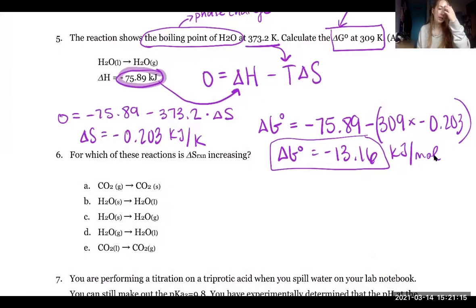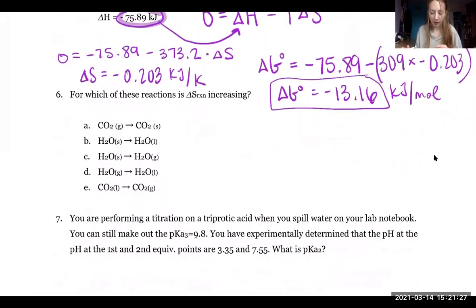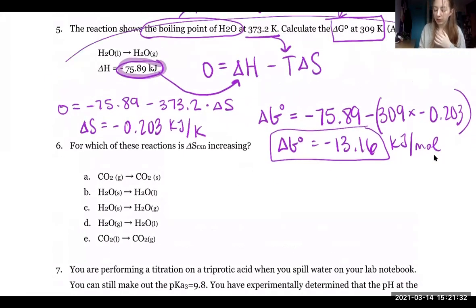Usually for this class, he makes things a little bit easier, at least right now. Later on we'll do a little converting, but for now just use the values you're given. He might ask you to write the answer in your quiz in joules. All you need to do is multiply by 1,000.